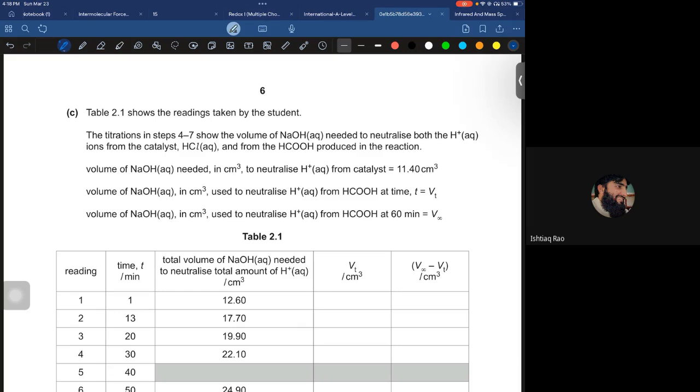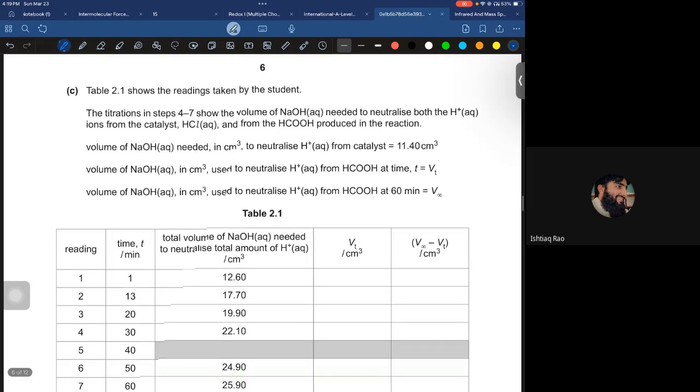The first H+ ion is coming from the catalyst and another H+ ion is coming from your methanoic acid. And where the methanoic acid comes from, of course, you have hydrolyzed your ester. You did acidic hydrolysis. That's the reason the methanoic acid is produced.